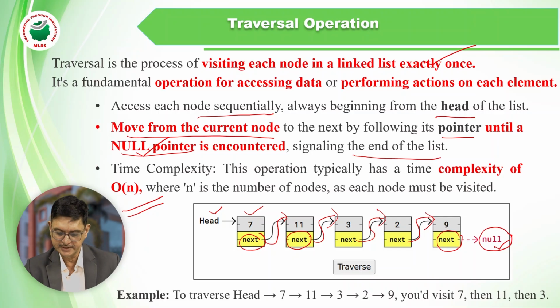The first node indicates 7, the second node indicates 11, the third node indicates 3, the fourth node indicates 2, and the next node indicates 9. So to visit the last node, we require this number of sequential accesses.